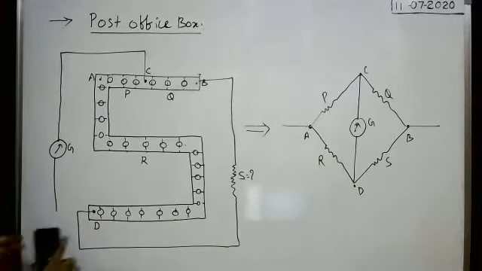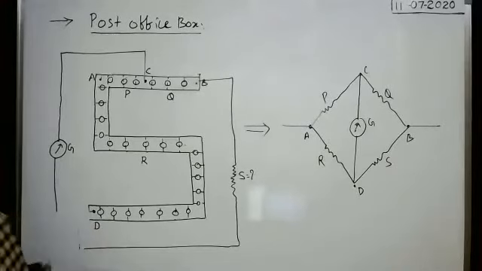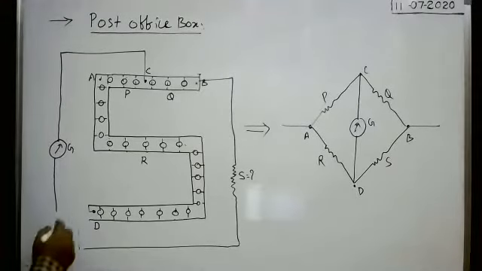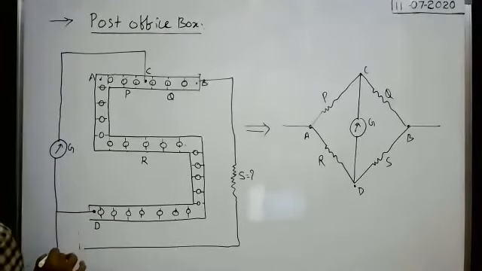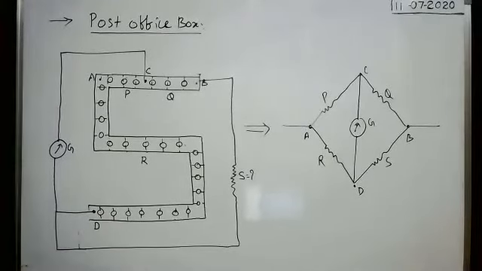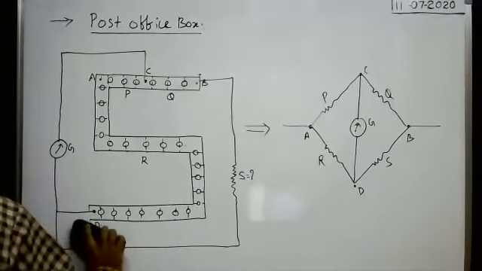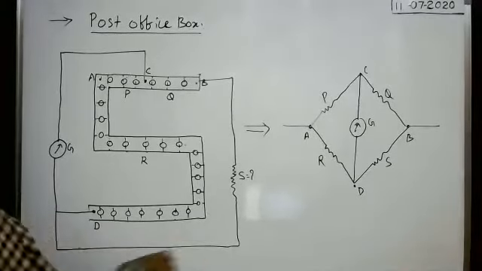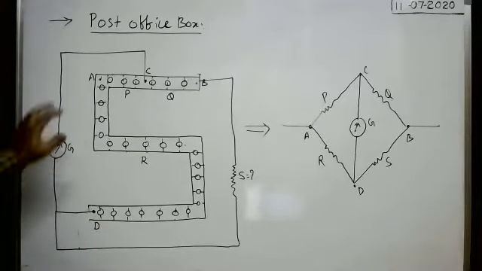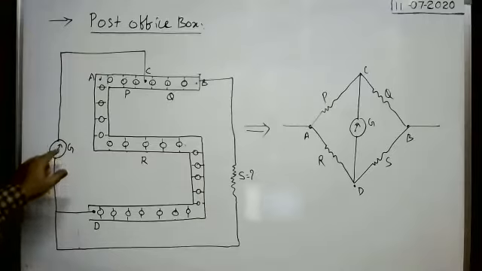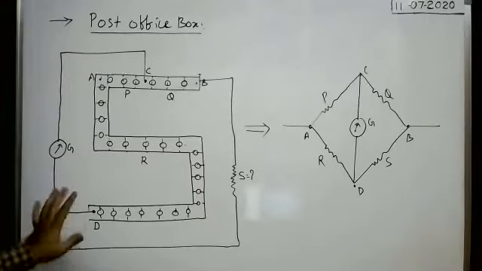Let's say between C and D, a galvanometer is connected like this. Of course, we can draw the diagram like this also, because this wire and this wire are connected to the same point D. That's why I drew it like this. So between C and D, a galvanometer having internal resistance G is connected.